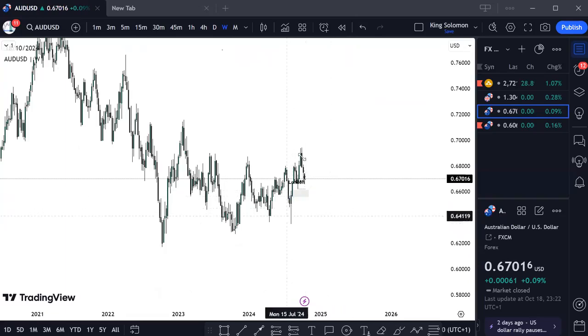AUDUSD, all right? So AUDUSD is just kind of looking normal to me.